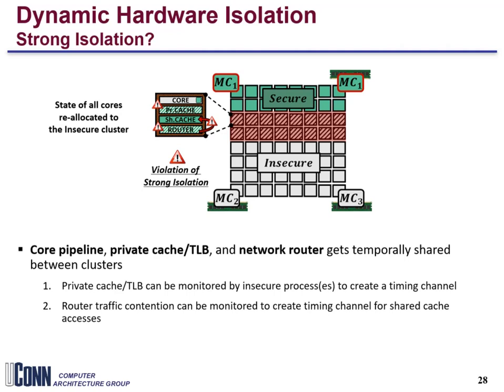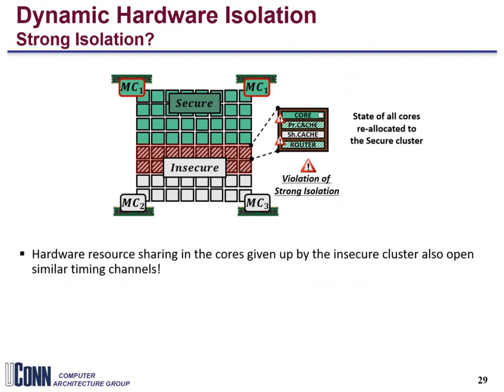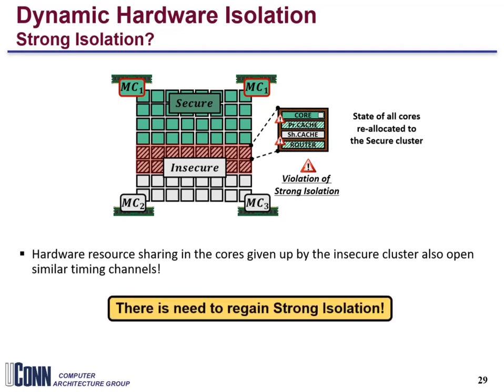And moreover, since the data for the insecure process is still pinned to the shared cache slices of the cores reallocated to the insecure cluster, the adversary can contend on these shared network routers to monitor the traffic destined to the secure cluster. Similar threats can be conducted when the secure cluster gains resources from the insecure cluster. Thus, there is a need to employ mechanisms for regaining strong isolation.